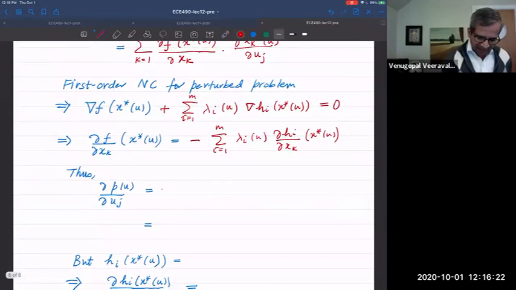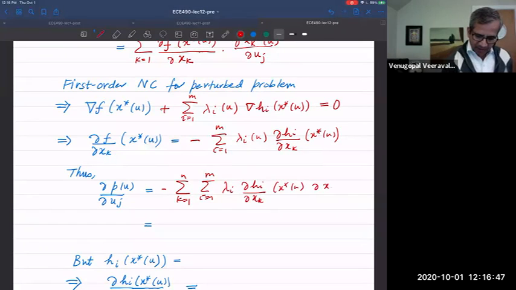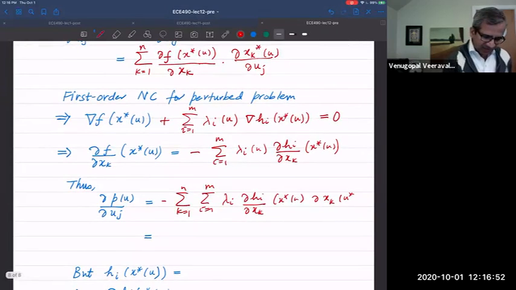So minus the summation k equal to 1 to n, summation i equal to 1 to m, lambda i, partial of h_i with respect to x_k at x star of u, times the partial of x_k star of u with respect to u.